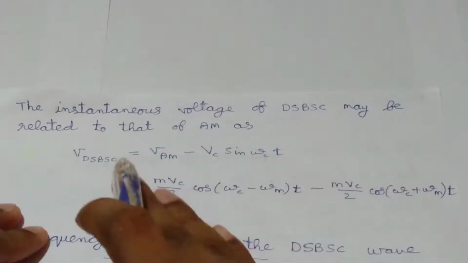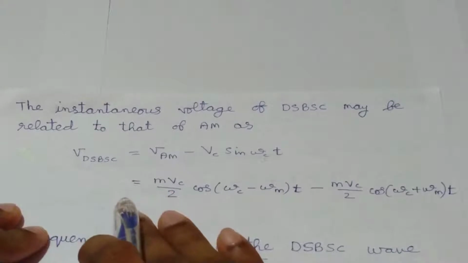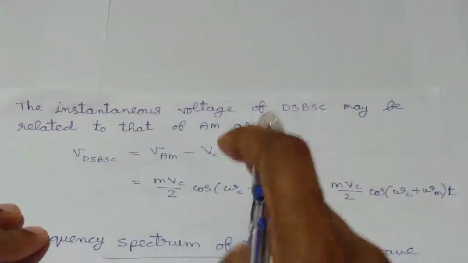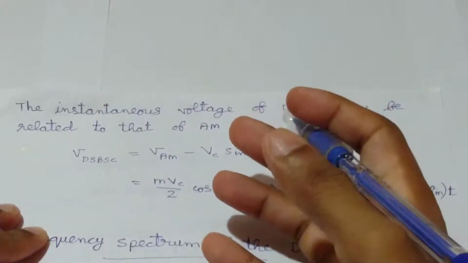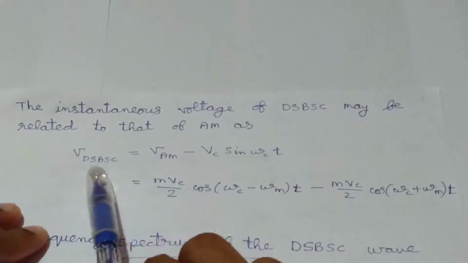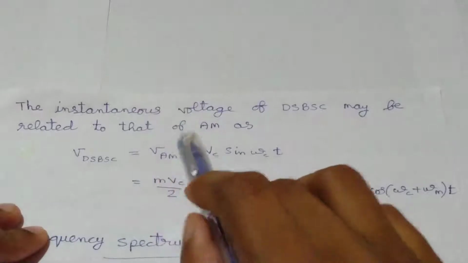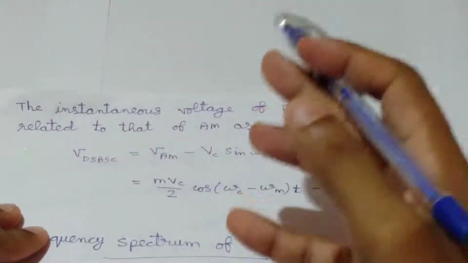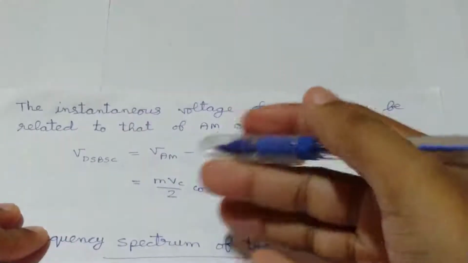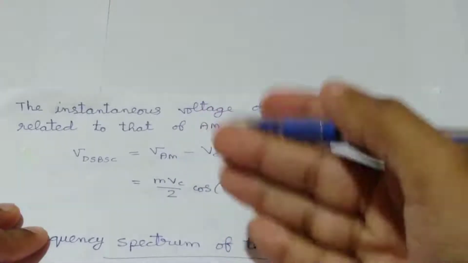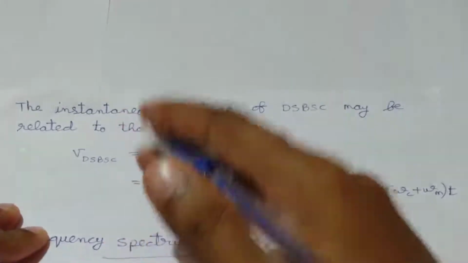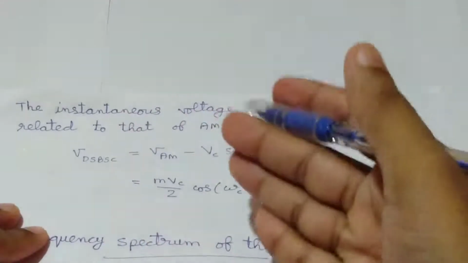Okay. So when we consider our basic amplitude modulation case, at the receiver side the receiver circuit complexity is less, but in the case of the double sideband suppressed carrier technique, the receiver circuit complexity is more. So depending upon the application, we can go either for AM or the double sideband suppressed carrier technique.